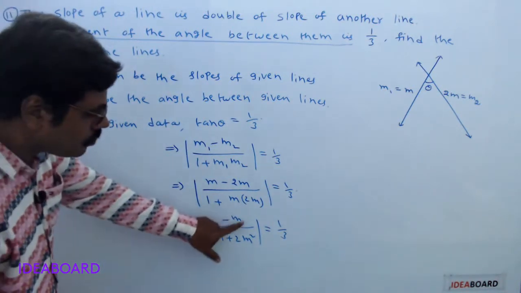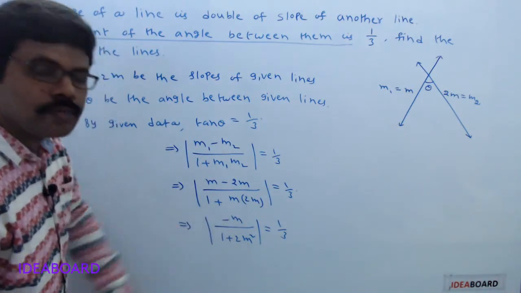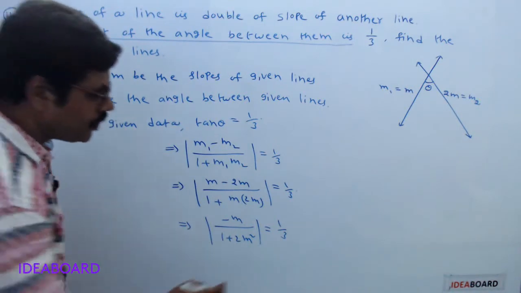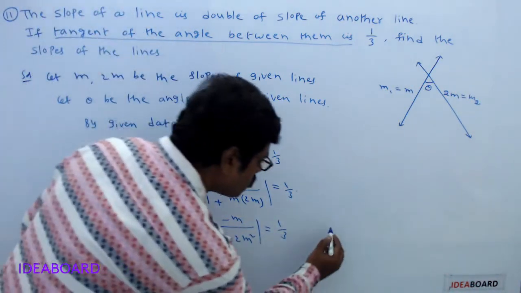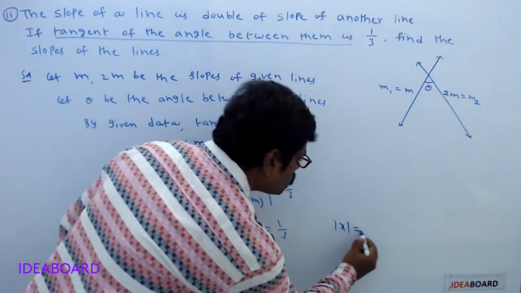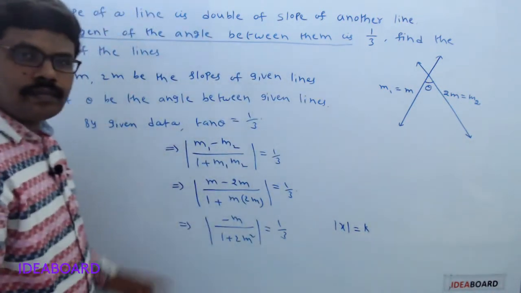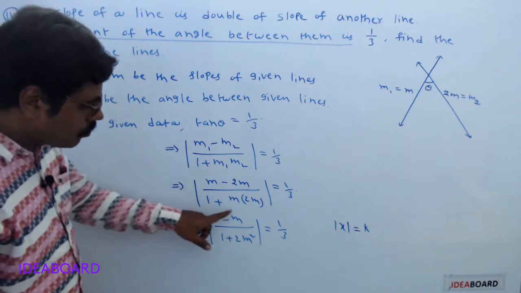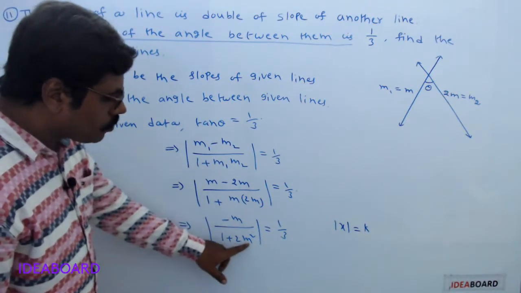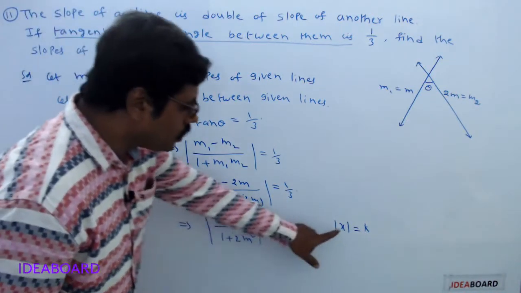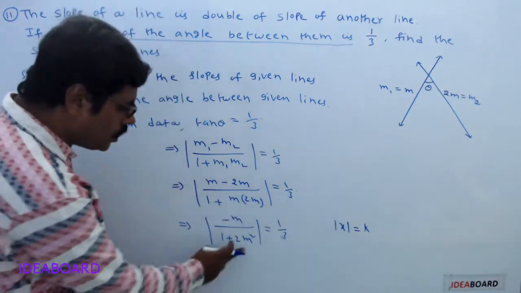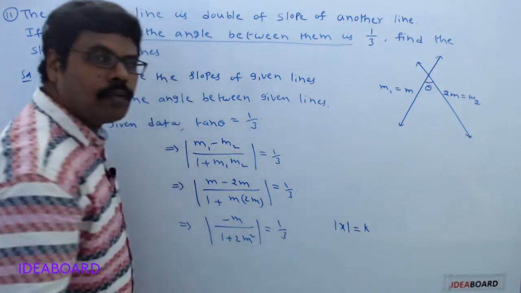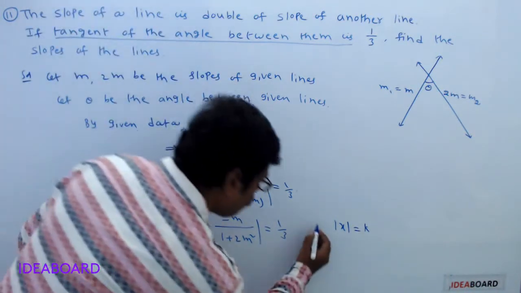Consider minus m divided by 1 plus 2m square as x and 1 by 3 as k. Then this equation is of the form mod x equals k.